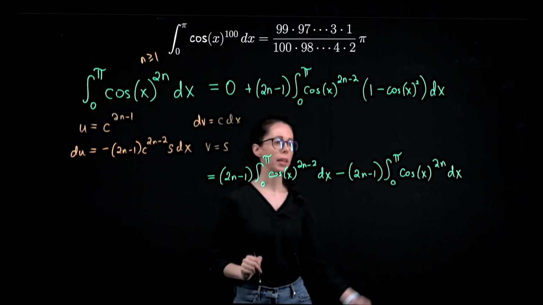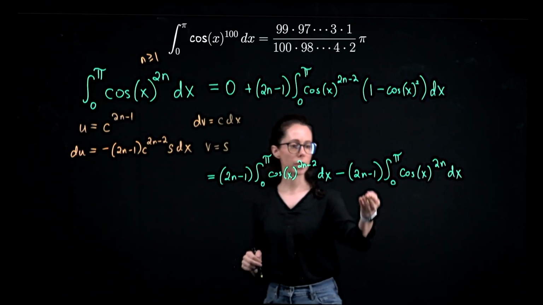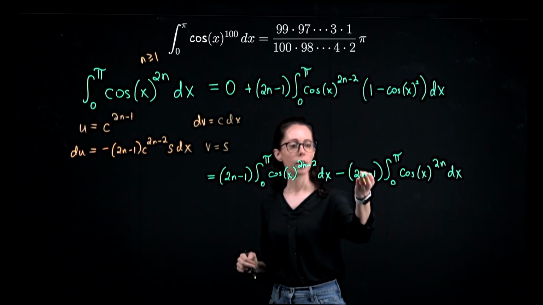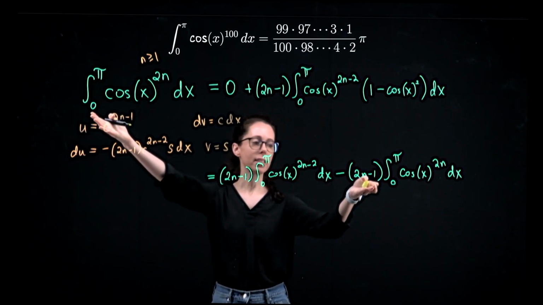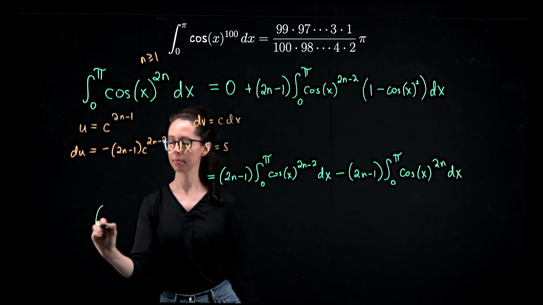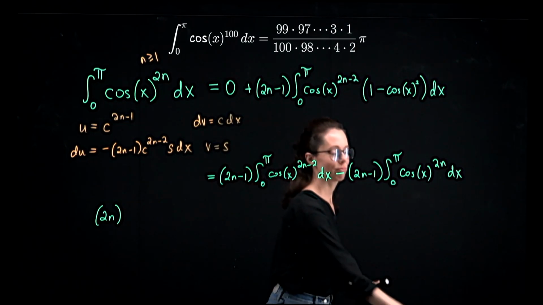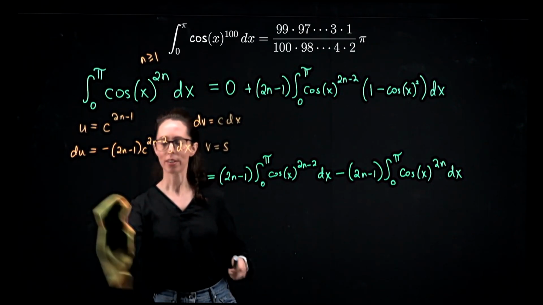And you should have anticipated that because we expect to combine this with this, which we can now do. And when we do so, we're going to be bringing over 2n minus 1 copies and adding it to this, giving us a coefficient of 2n on the left-hand side. That doesn't really need parentheses, but let's just write 2n.